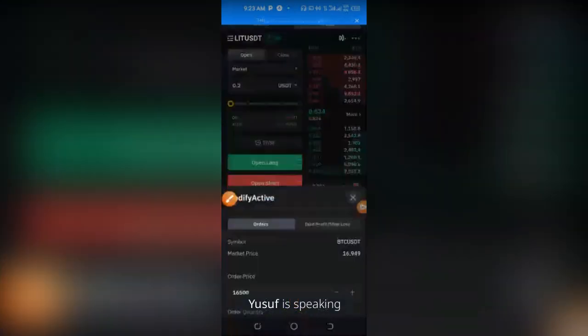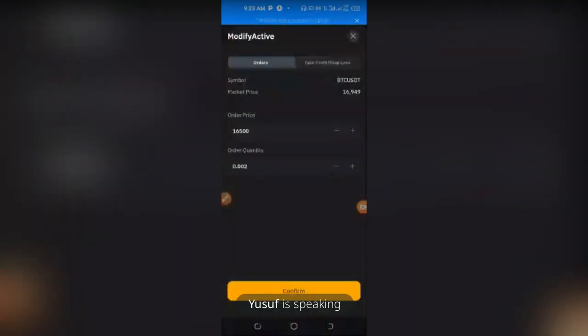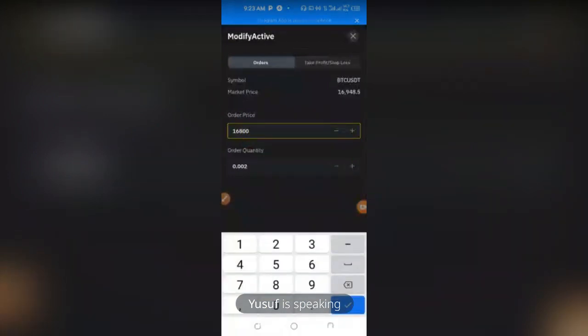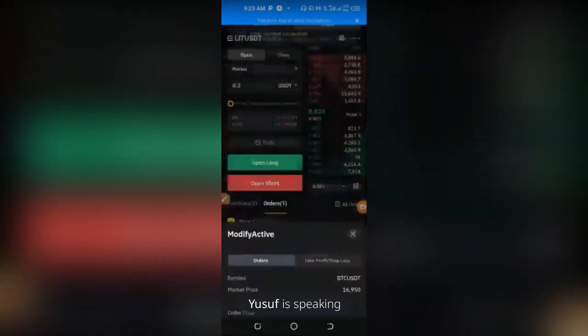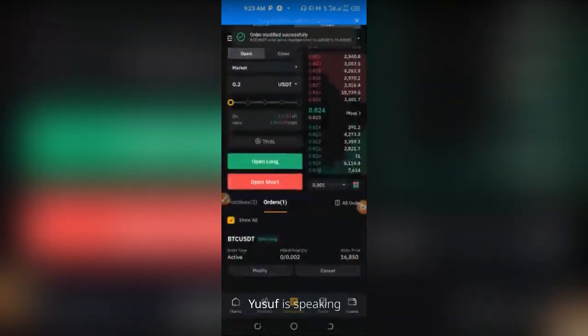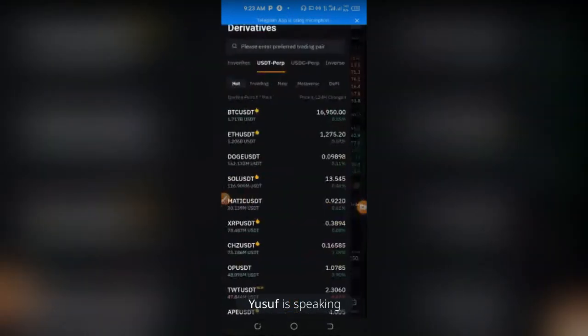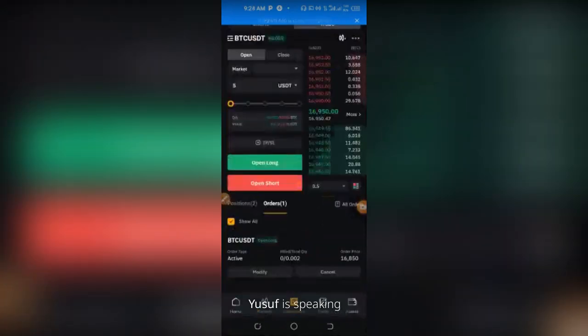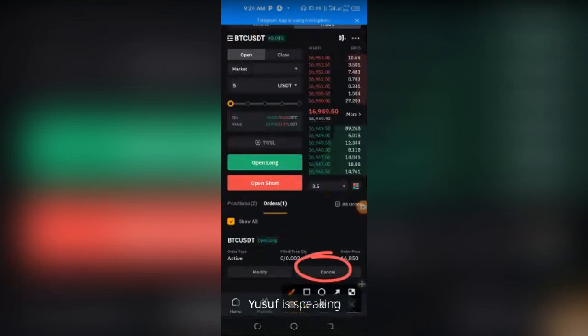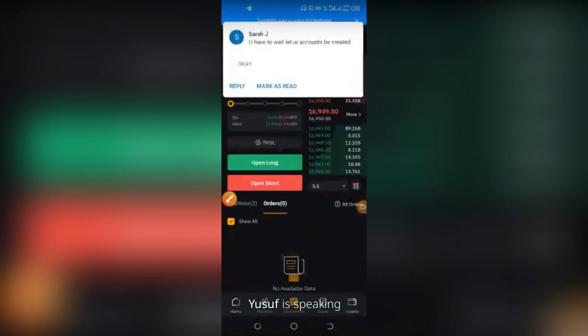Then I'll adjust the order price. I'll just adjust it, since 16.5 is too low. Maybe I should change it to 16,850 so that it will pick on time. Then I'll click on confirm. You can see it has been adjusted, though not picked yet, but it is closer to where the current price is now. You know, the current price of BTC is around 16,950. So I adjusted it so that it will come and pick the buy on time. Then if I want to cancel, I'll tap on cancel.